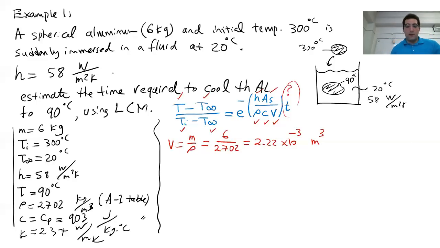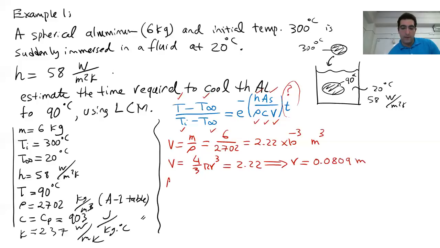Once we have the volume, for a sphere, volume is 4 over 3 pi r cubed, which is equal to 2.22 times 10 to the negative 3. So the radius of the sphere you can find as 0.0809 meter.